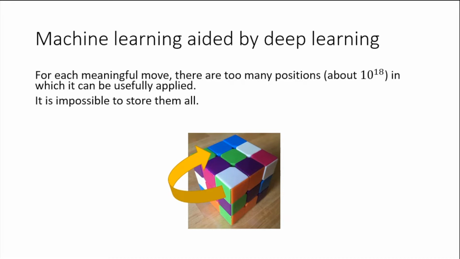If you look at the Rubik's cube, for example, then perhaps in a particular position, rotating the top face 90 degrees clockwise might be a good move. However, there are many positions of a Rubik's cube, about 10 to the power 18, where it might be a good idea to use this particular move. And it is impossible to store in the computer memory all these positions.